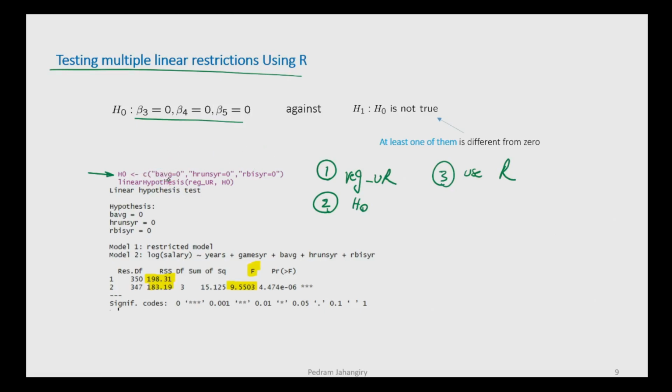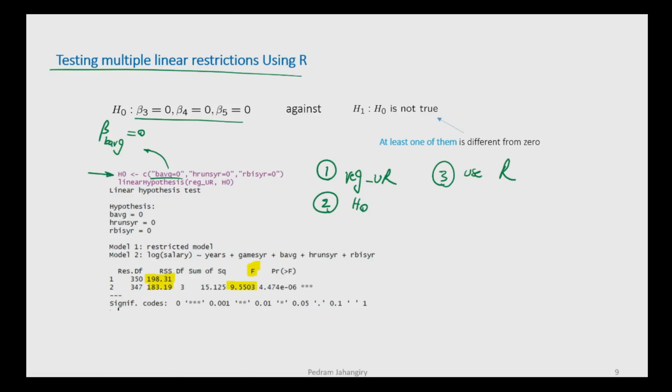So you write something like this, and then R reads it like beta of BAVG is equal to 0. If I were the author of this package, instead of writing the name of the variables, I would call it something like beta, then underscore something. But maybe this is easier, more convenient, but you should be careful about it. When we say BAVG is equal to 0, we don't mean that the variable itself is 0. We mean that the coefficient is equal to 0, beta 3, beta BAVG is equal to 0.